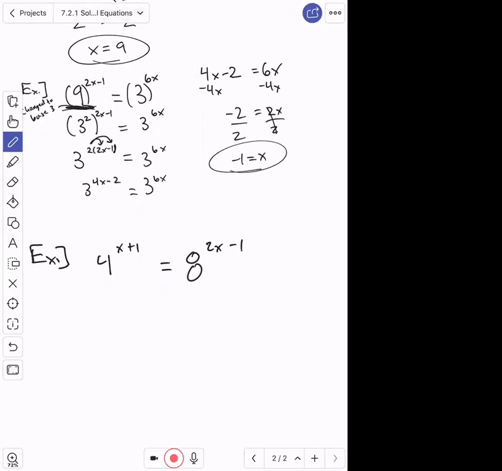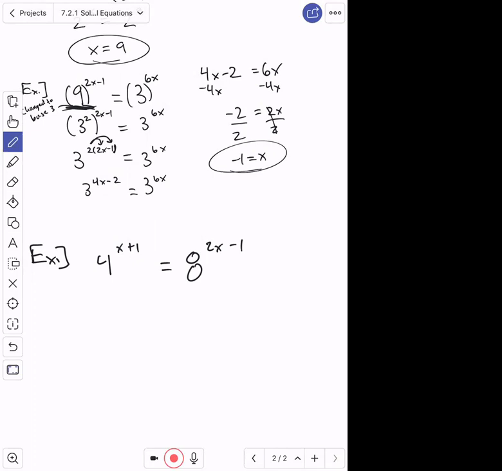8 you cannot change to base 4. It's not possible because 4 squared is 16, right? So we can't take 8 and write it as 4 to the power of anything. And we can't take 4 and write it as 8 to the power of anything.